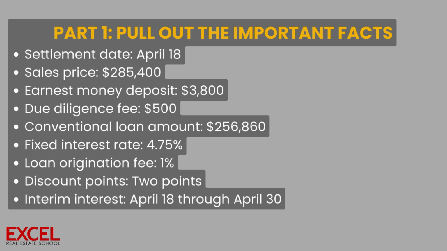The loan origination fee is 1%. Discount points 2, and then interim interest April 18th through April 30th. The problem also gives us insurance, escrow, commission, mortgage payoff, taxes, miscellaneous closing expenses, and so our job is to calculate each amount and determine who pays it.